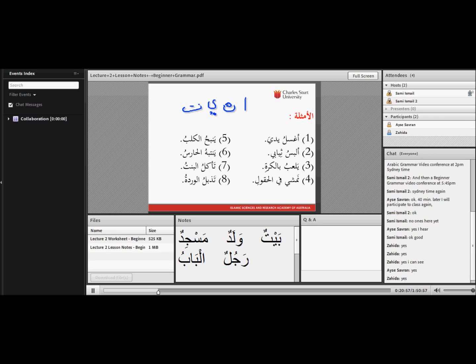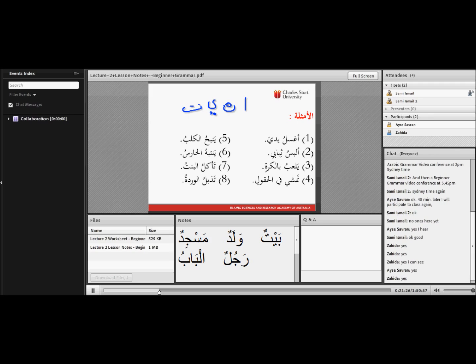But akala starts with alif, however it's not a present tense verb, it's not a mudari'. It's a madi. Akala means ate. So it's important to know that yes, a fi'l mudari' starts with one of these four letters, however it doesn't mean that every single word that starts with these four letters is a fi'l mudari'. Okay, so I hope you understood that different distinction.